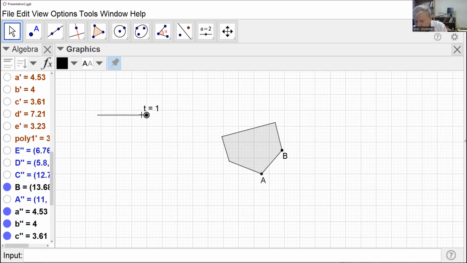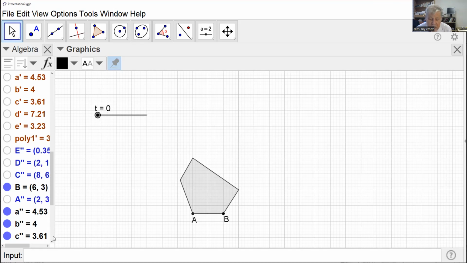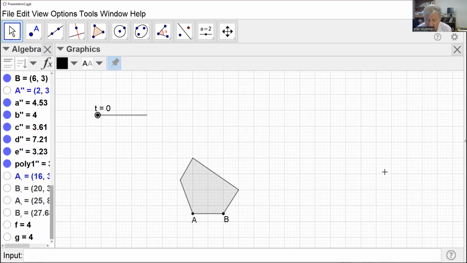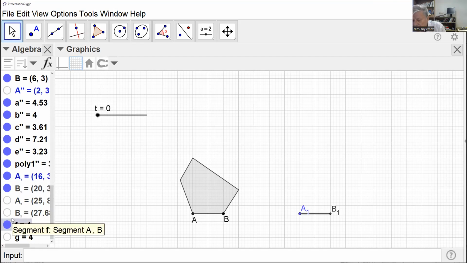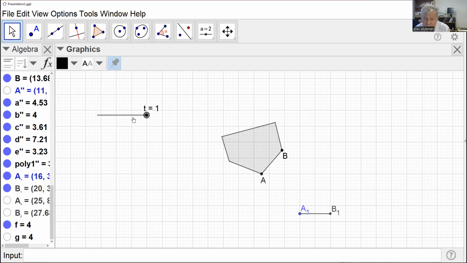Now, in order to perform my analysis, you see, what I do is I go over here, somewhere over here. I mark these 2 points, A1, B1. Those are A and B in the first position. In the second position, AB is over here.